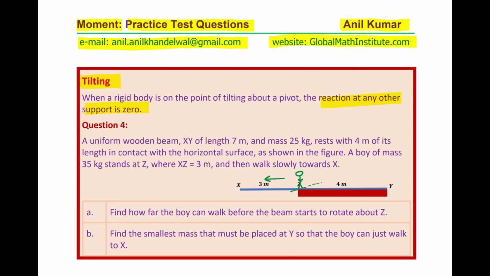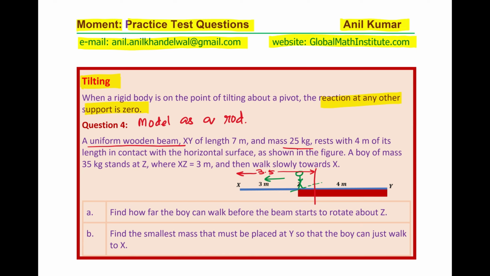So let us see how we are going to solve this particular question. We are given that the total length is 7, and therefore the midpoint will be at 3.5. Somewhere here we expect the midpoint. At this midpoint, the mass of 25 kg will act because we are assuming a uniform wooden beam. So we are going to model this as a rigid rod.